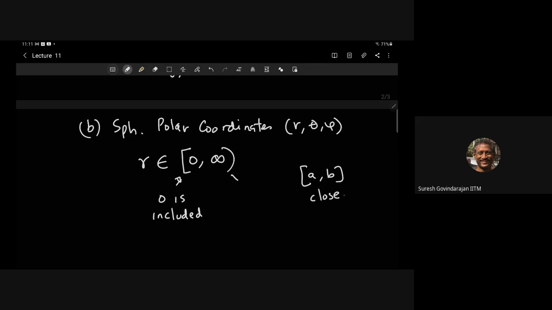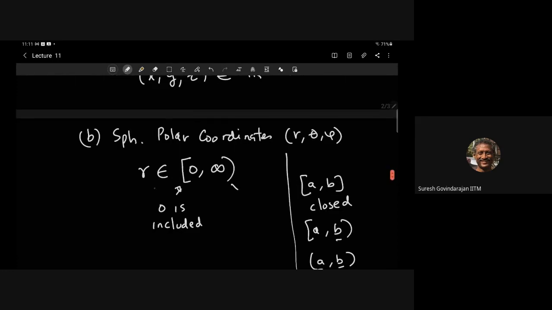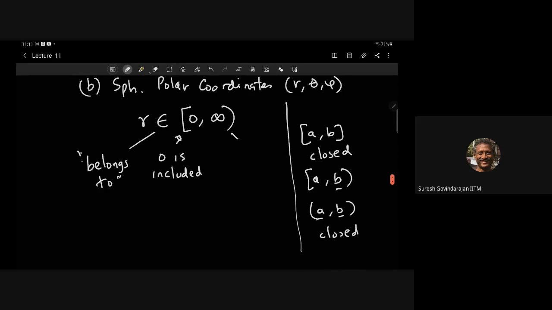If A is included but B is not, that's the middle one, which is neither open nor closed, part open, part closed. If you have A, B open, both A and B are not in the set. This is just standard mathematical notation, and it's useful to write. The symbol means belongs to. So the last one is open, right? Oh, I wrote closed. Sorry.